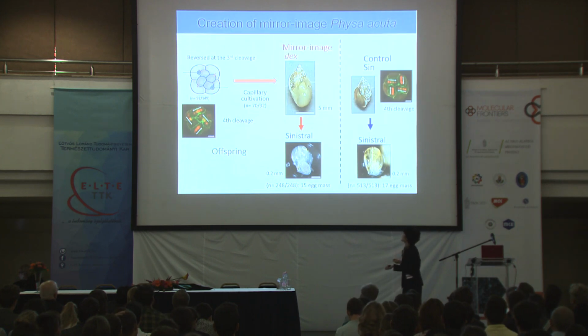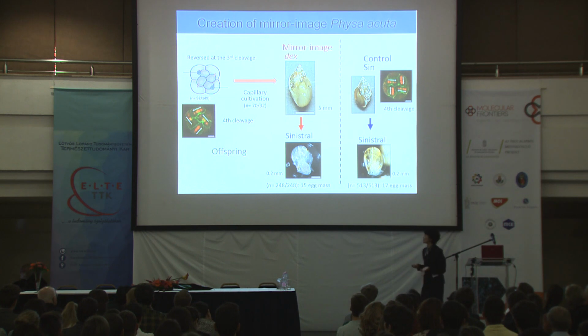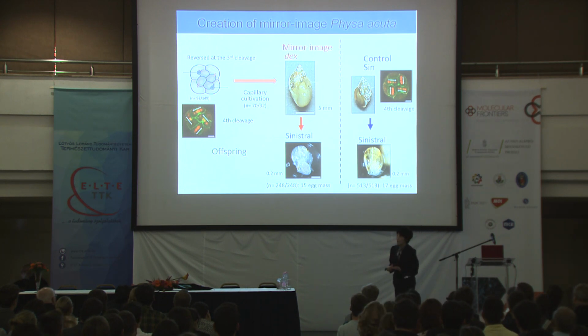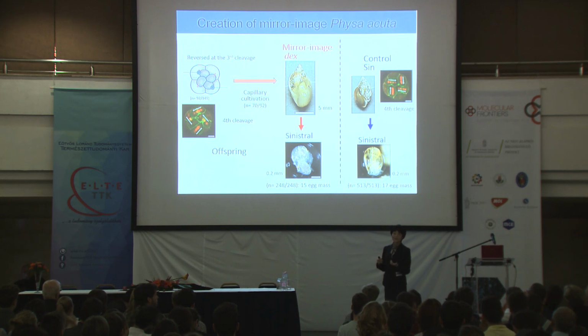And indeed, we could do the same thing, and we could create first the right-handed Physa acuta. And if you look at the offspring, there is no exception. We worked on 248 eggs, all going back to sinistral, just like control. So it goes back to the one dictated by the gene, but the same mechanism operates for Physa acuta, for Lymnaea, or some other gastropod.